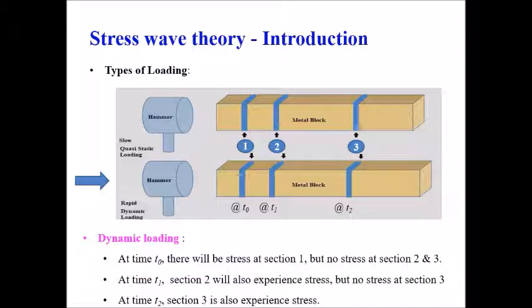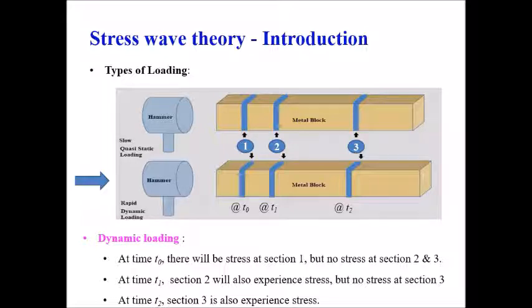Now, consider that 1 second has lapsed, which is an exaggerated value. At the time t1, at section 2 also there will be a stress, but there won't be any stress at section 3. Now, let 1 more second lapse. At the time t equal to t2, there will be stresses at section 3 as well.